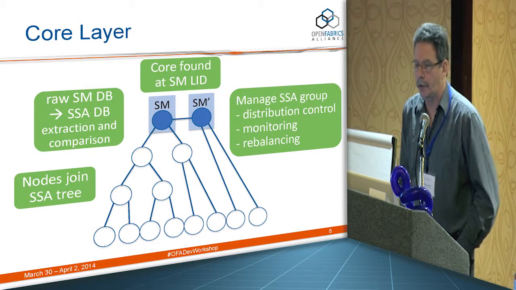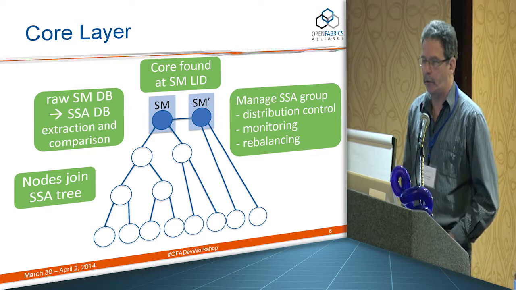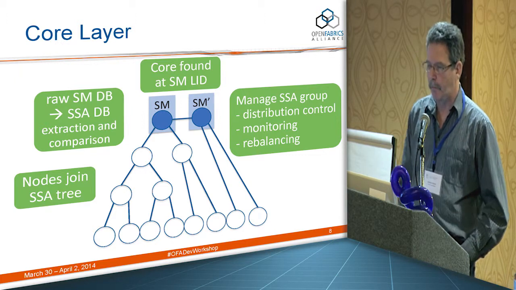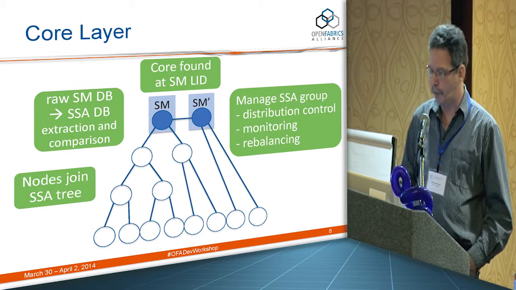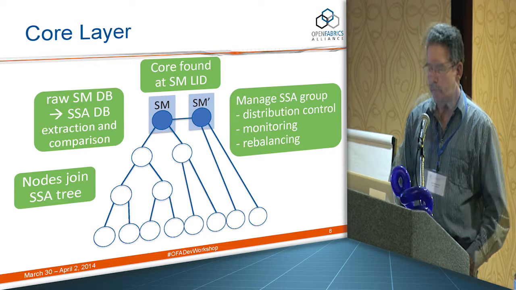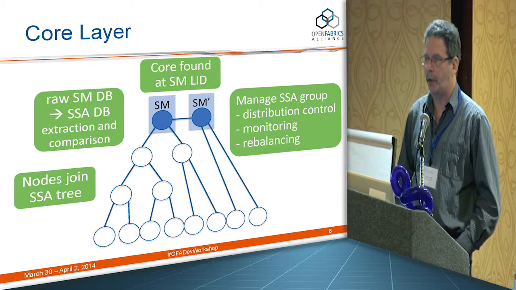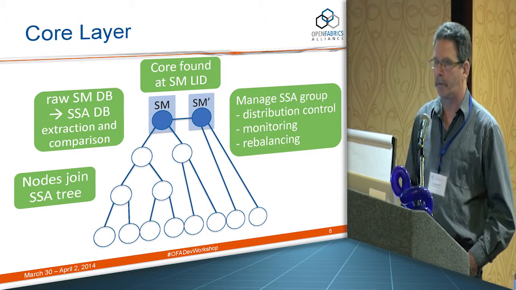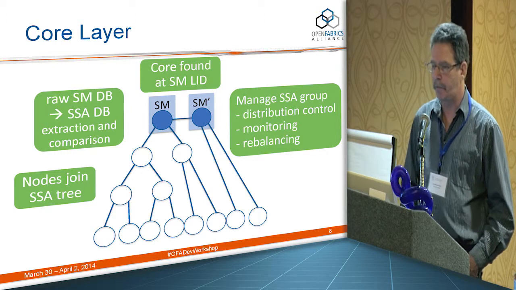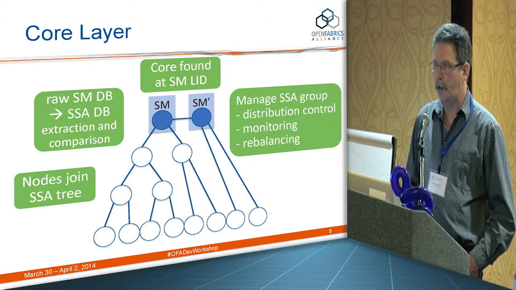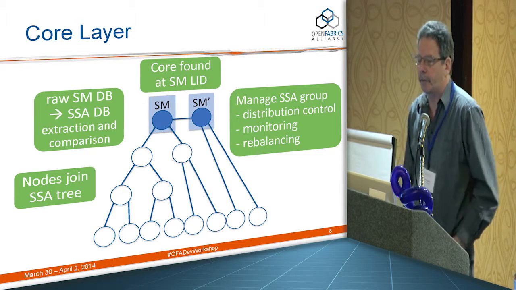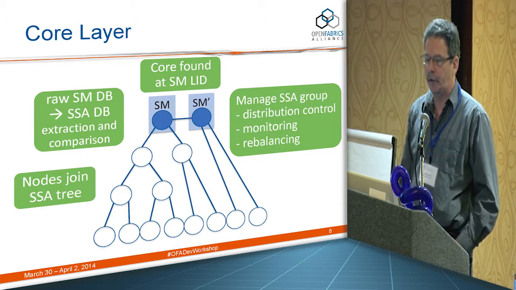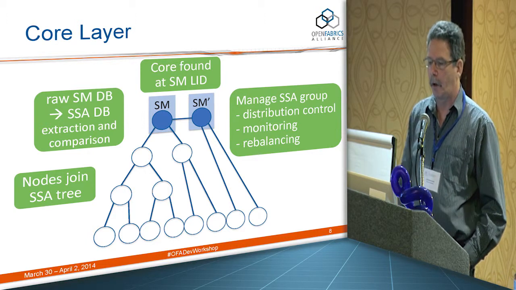So the core layer is co-resident with the SM. It supports SM failover. The core is found at the SM lid. When nodes come up, they request to join the tree. They're joined into the tree by a MAD protocol, an application, I think it's an application-specific class that's used for that.